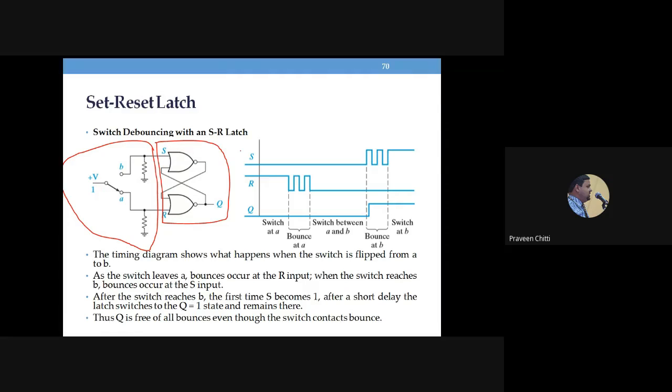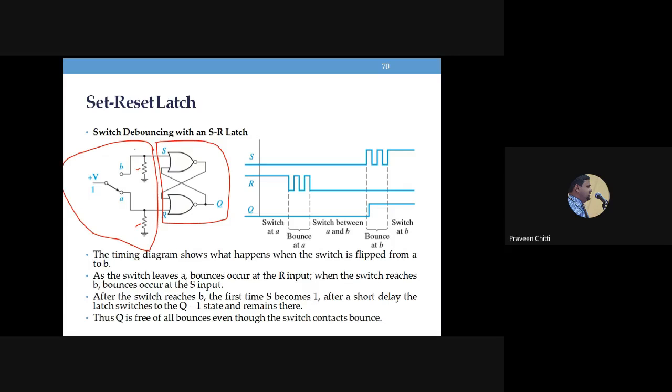This first part is SR latch. Already you know the working of that. Now, I have added two resistors. This is resistor 1 and resistor 2. And these two resistors are connected from S input to ground and R input to ground.